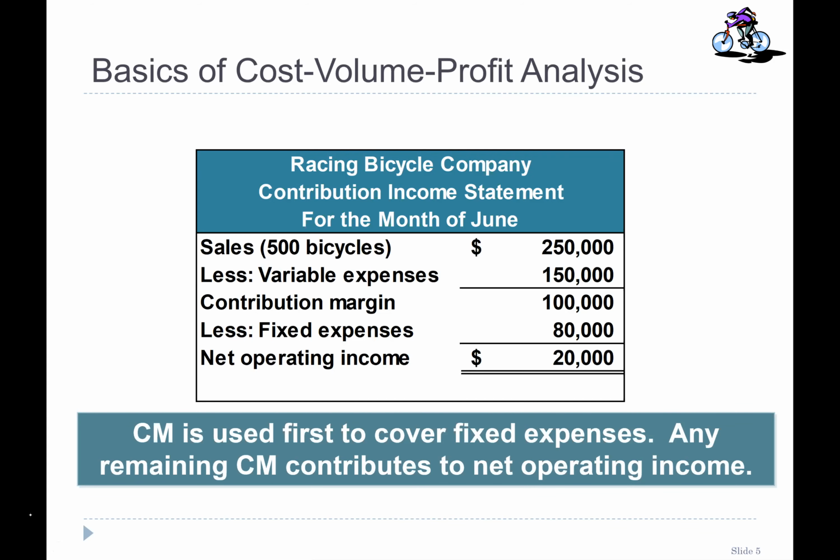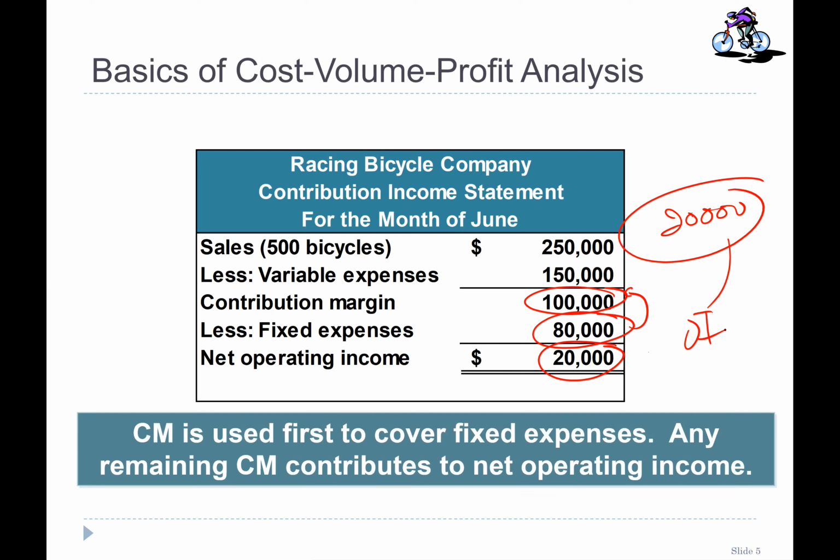So remember, here we are talking about operating income, not the net income, right? So if our fixed cost is 80,000 and our contribution margin is 100,000, then on top of our fixed cost, 20,000 will directly go to operating income, right?